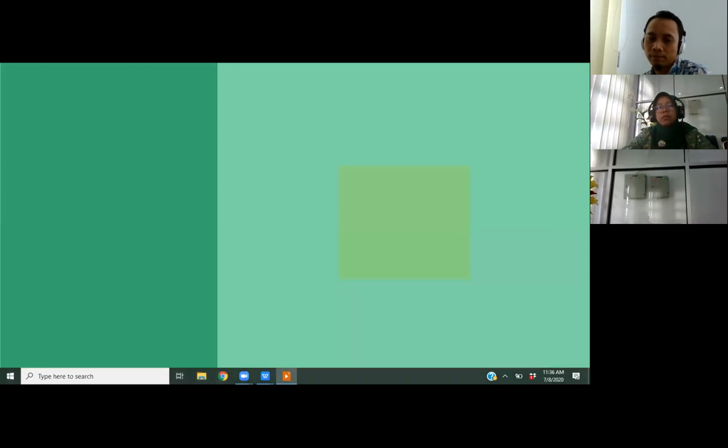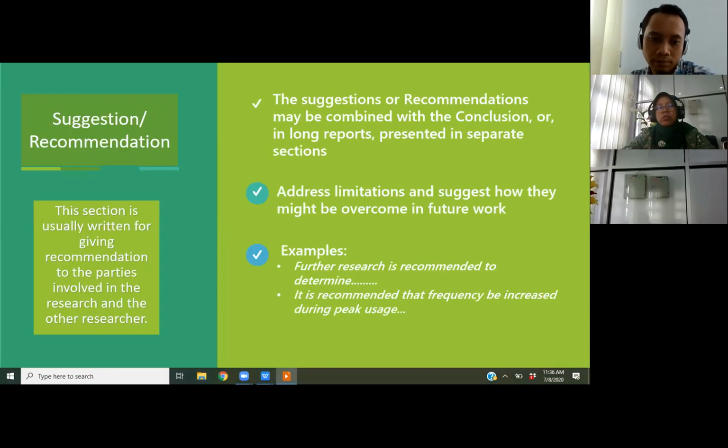And then suggestion or recommendation. This section is written for giving recommendations to the parties involved in the research and for the researcher on what can be done.